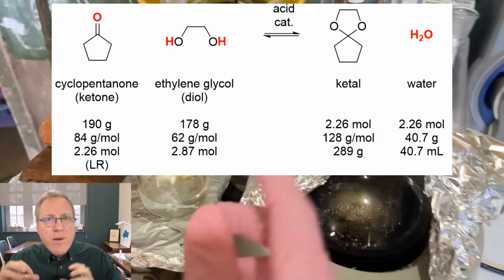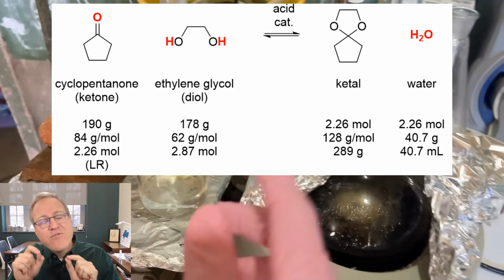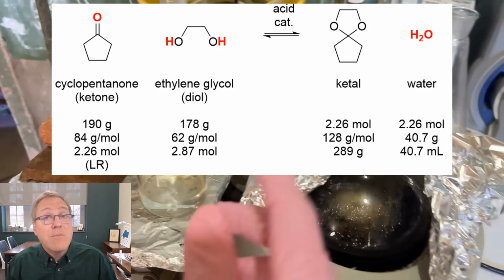So he has more moles of ethylene glycol than cyclopentanone. They react in a 1-to-1 ratio. That's the stoichiometry of the reaction. And so he knows that the cyclopentanone is the limiting reagent. If he has 2.26 moles of ketone, then in theory, he can make 2.26 moles of each product, one being the ketal and one being the water.